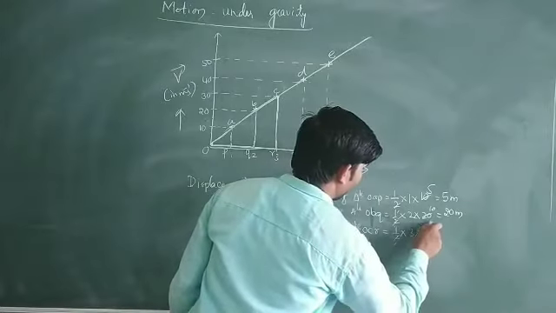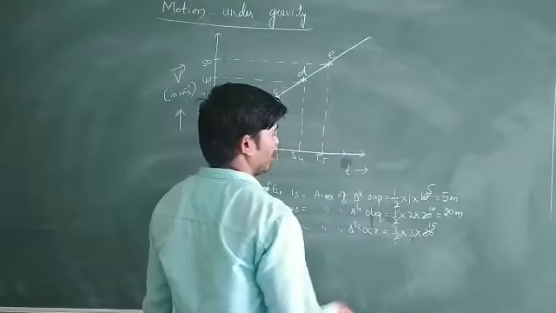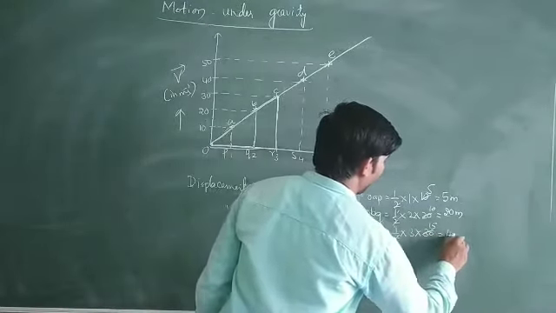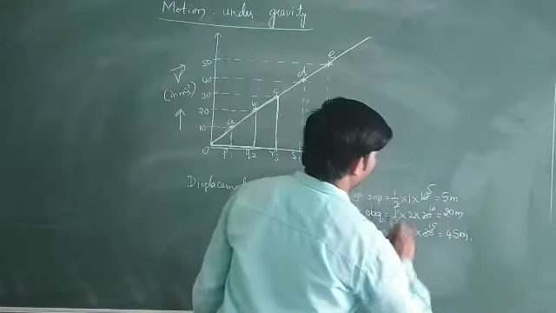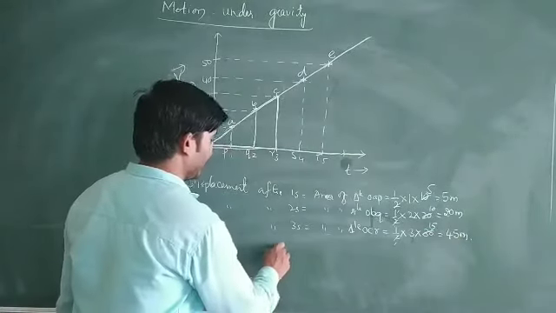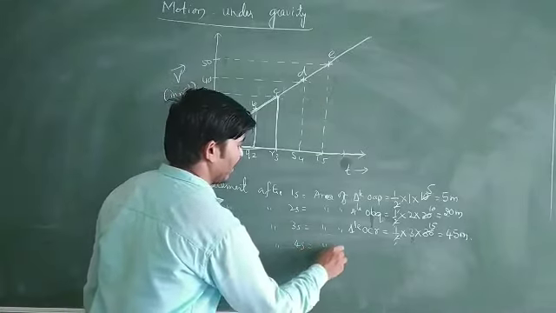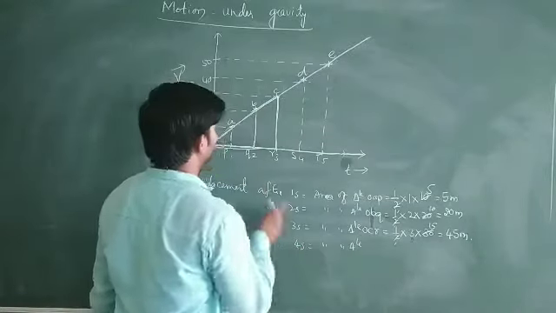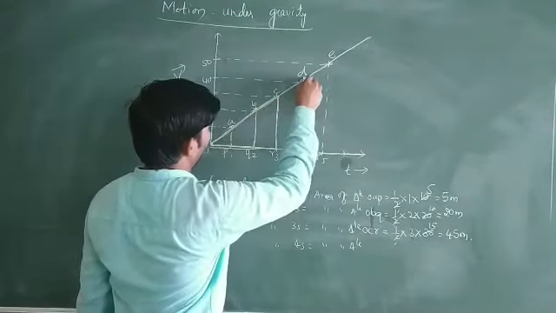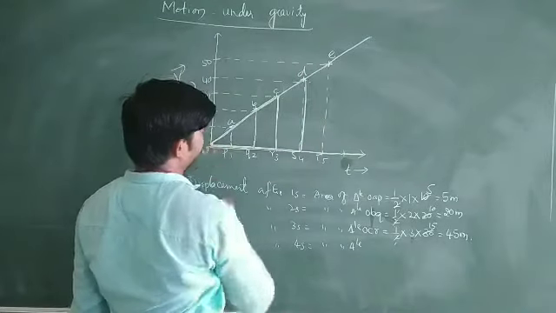So half of 30 is 15, and 15 into 3 is 45 meters.